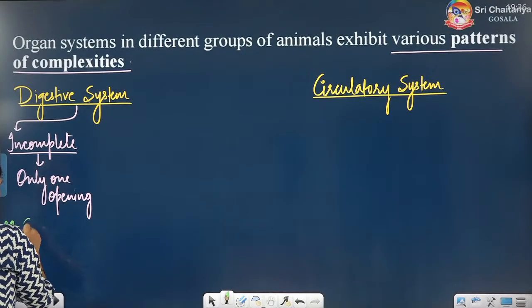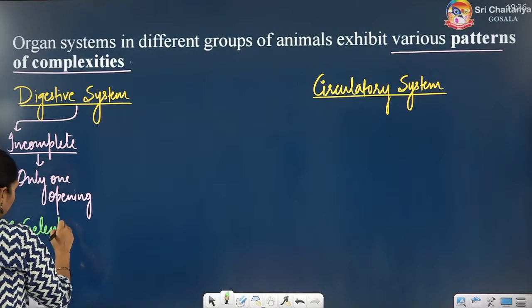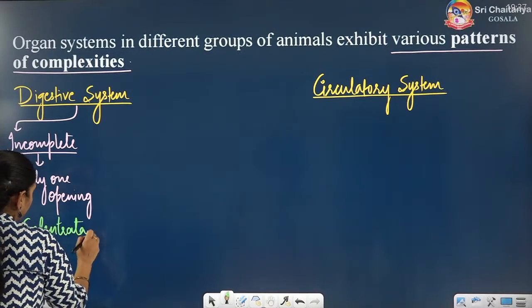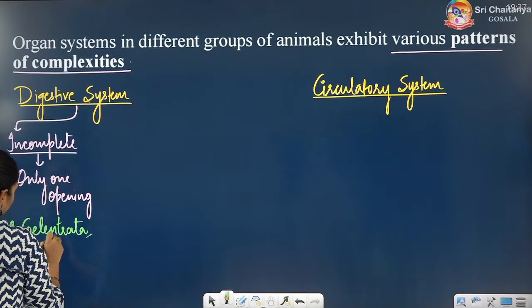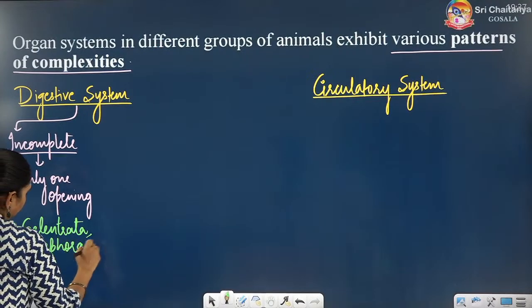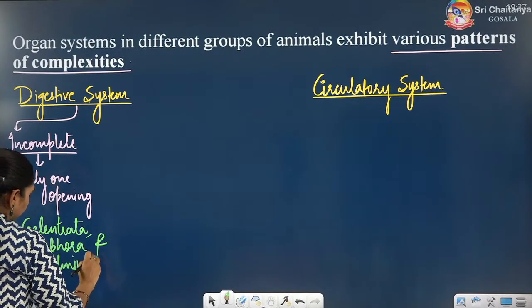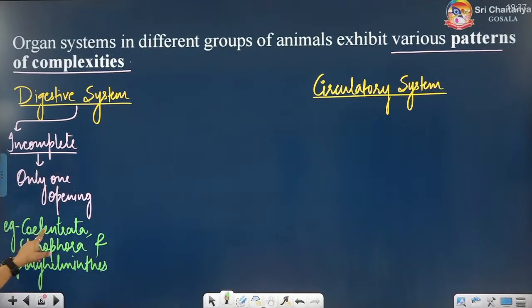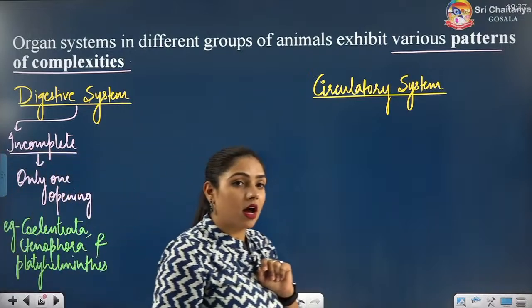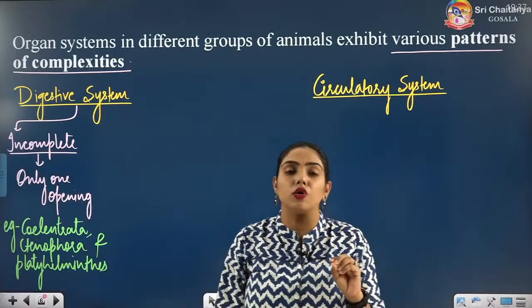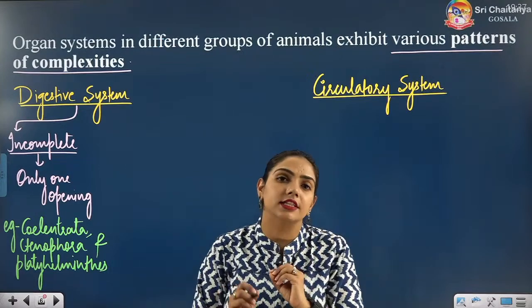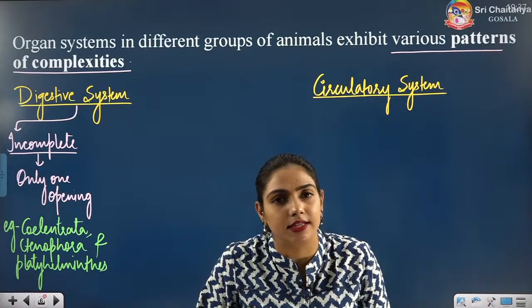The phylum Coelenterata, Ctenophora and Platyhelminthes. So if I talk about Porifera, if you are asked about Porifera, what is the digestive system, complete or incomplete?